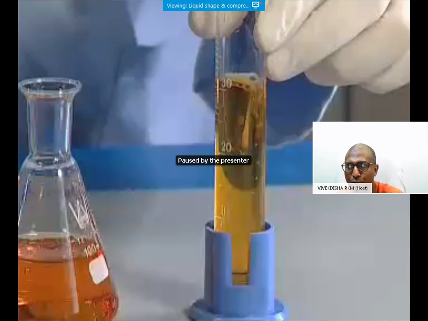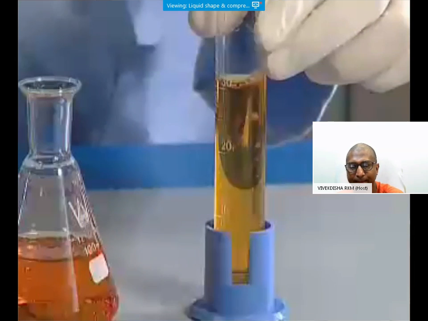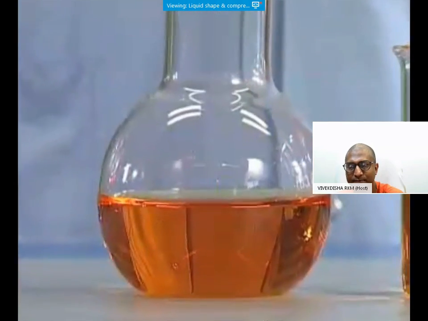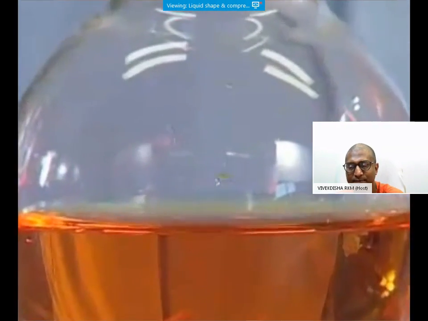Because between 0 and say 20, 30, 100, you can measure anything. Marks are given, so graduated. You can measure the volume of the liquid from here, and that's why it is known as a measuring cylinder. At the top, it is enclosed by a horizontal boundary known as the free surface.